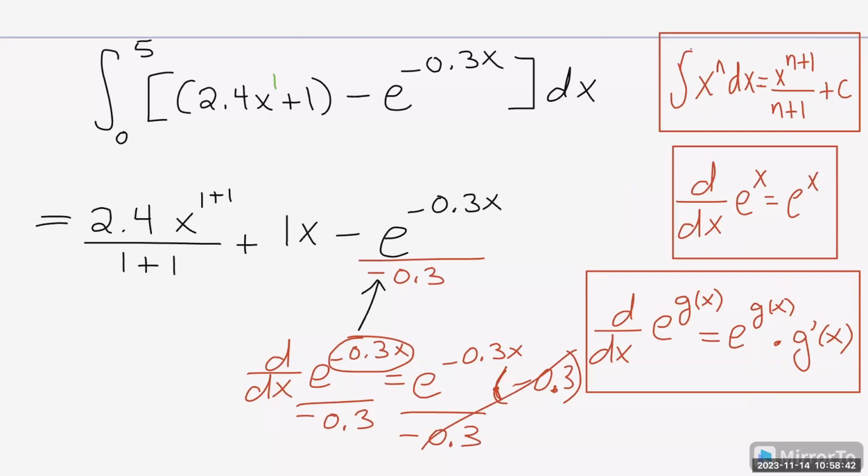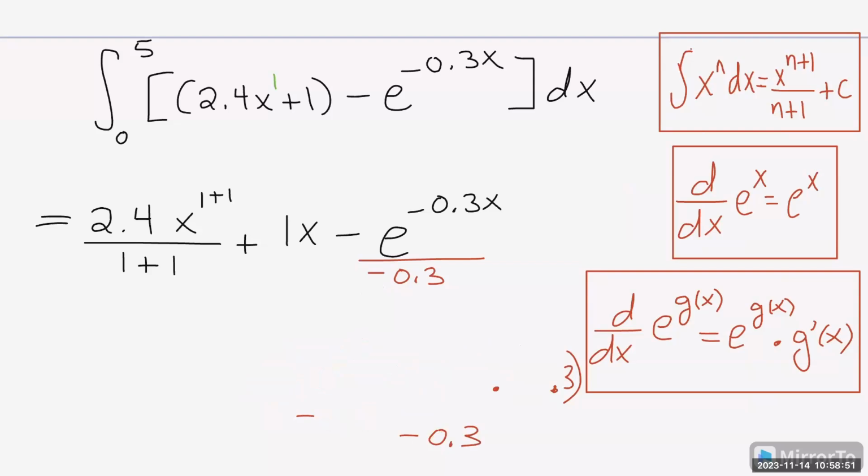Okay, so I'm gonna get rid of this and keep going. And that's also the reasoning behind the first rule that I wrote in the corner. The reason we divide by the n+1 is because in the power rule, that n+1 comes down to the front. So it's like compensating for that.